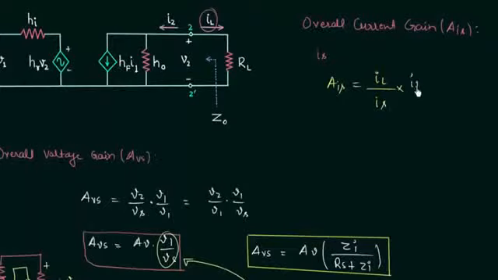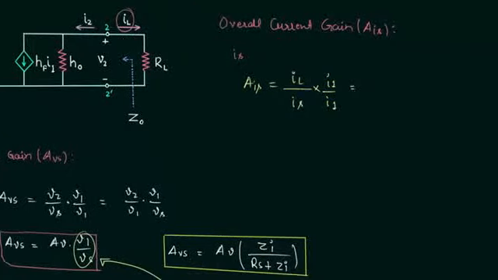So we have I1 by I1. We can also write it as the load current IL divided by the input current I1 multiplied with the input current I1 divided by the source current IS. The load current IL is equal to minus I2.